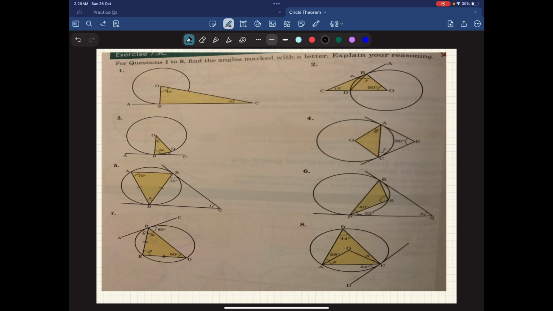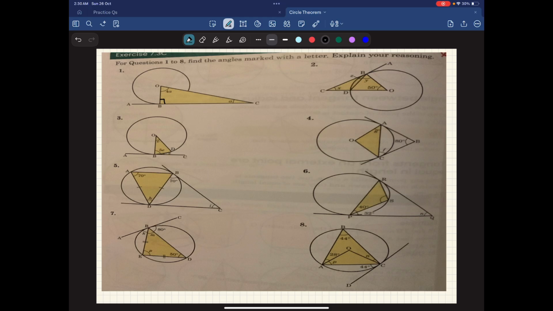Okay, so let's first discuss these questions. So in the first question, we have a tangent and a radius. So we have a 90-degree angle here. Now, this is a suggestion that whenever you're solving a circle question, mark all the radii and all the 90-degree angles first.